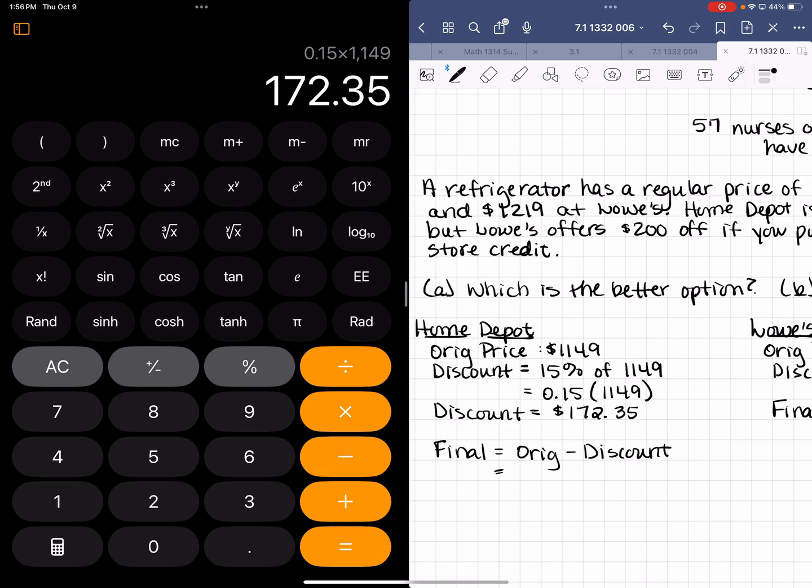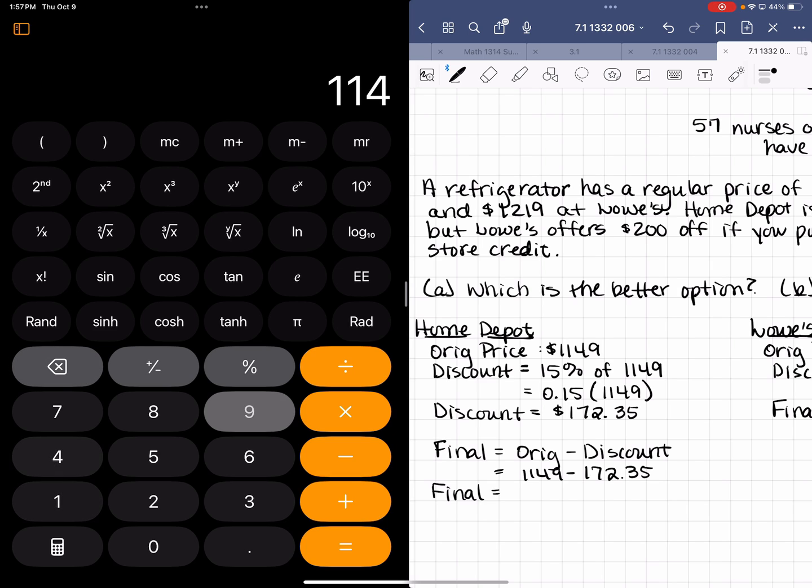So I'm going to say $1,149 minus the $172.35. So my final price here at Home Depot will be $1,149 minus $172.35, which is $976.65.